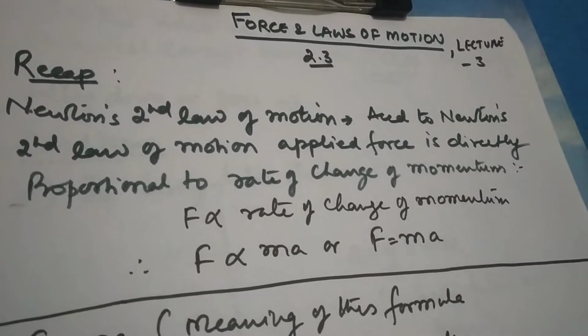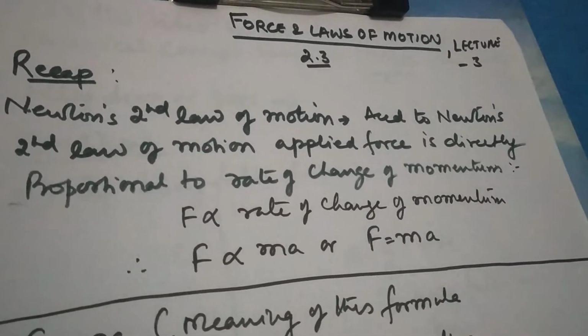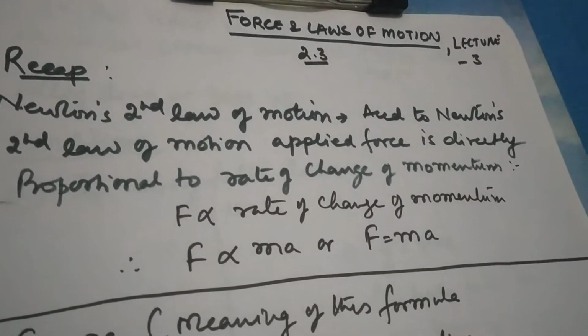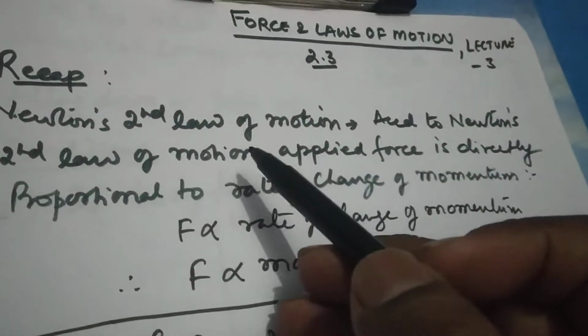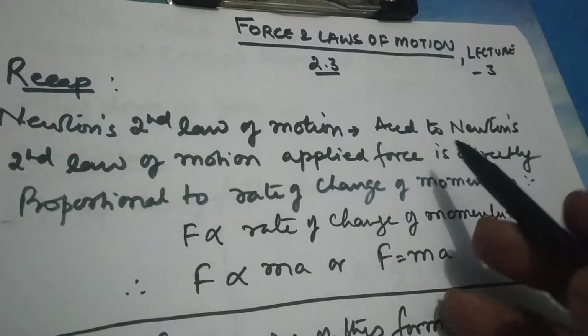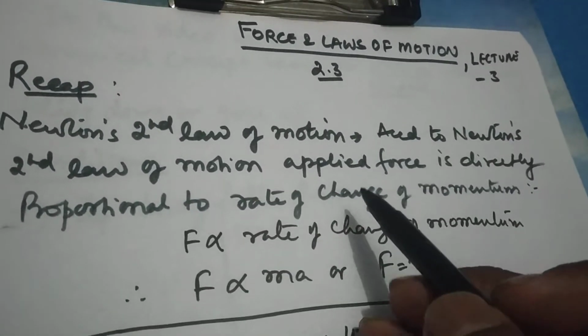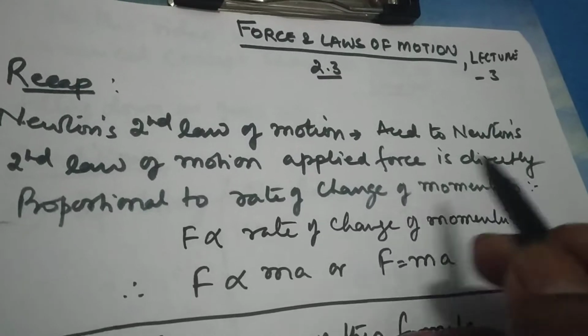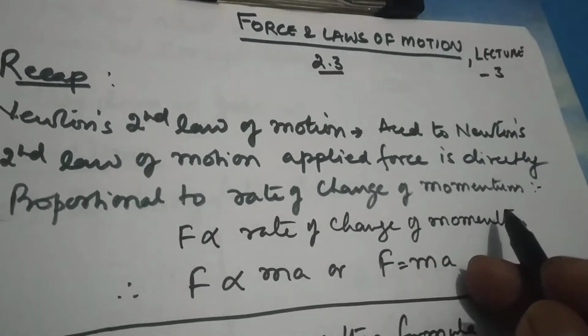Before we start today's content, there is a small recap of what you studied in the last lecture. That was Newton's second law of motion. According to Newton's second law of motion, the applied force is directly proportional to the rate of change of momentum.